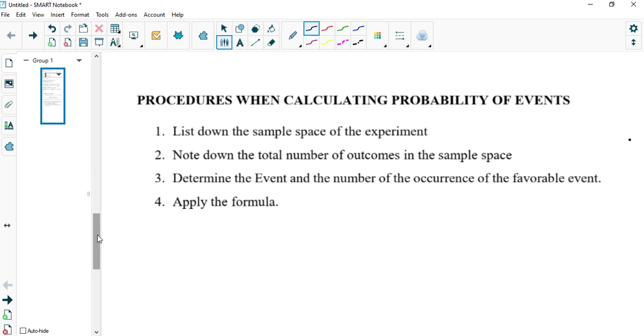When we are trying to calculate probability of events, the first thing is you have to list down the sample space of the experiment. Remember, sample space is the collection, the set of all possible outcomes.